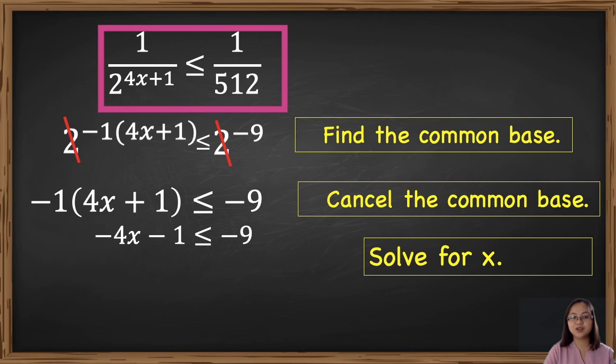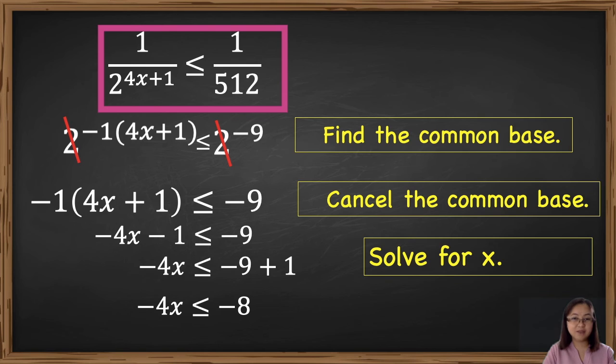And then we have less than or equal to negative 9. We could now transpose the negative 1 to positive. So we get negative 4x is less than or equal to negative 9 plus 1. And we have negative 4x less than or equal to negative 8.